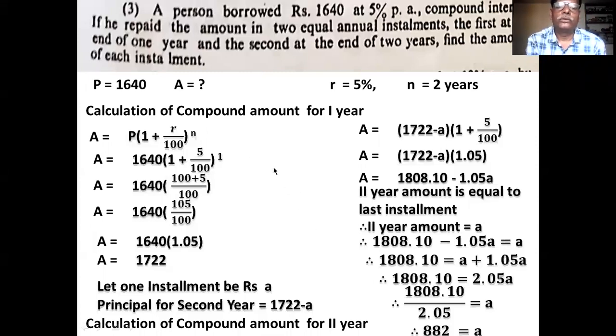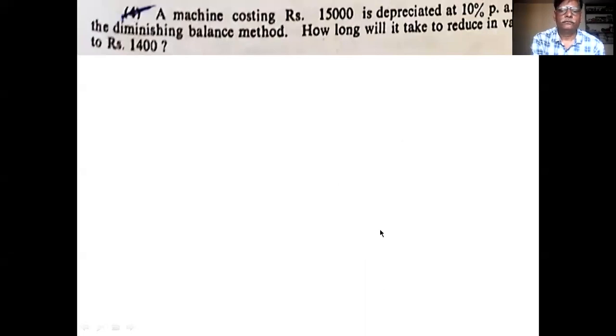Now you come to see the fourth problem, example number 4. According to your book, the fourth example is based on a machine costing rupees 15,000. Cost of machine is 15,000, depreciated at 10% per annum. Rate of depreciation is 10%, diminishing balance method. How long will it take to reduce to rupees 1,400?